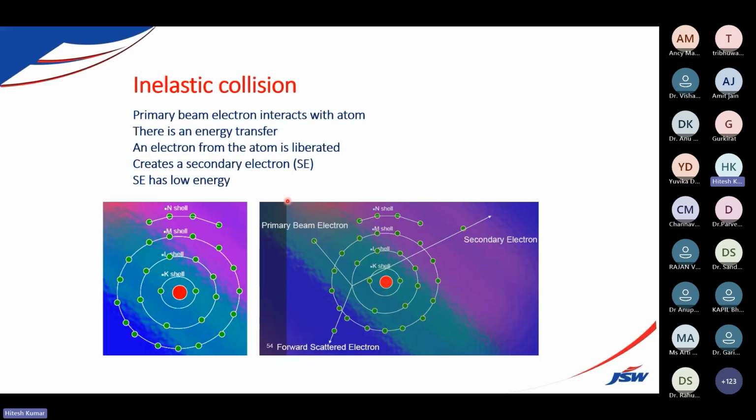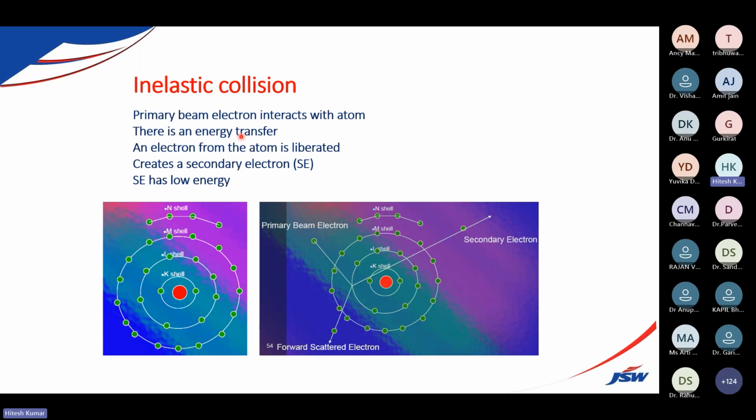Secondary electrons are those which interact with your sample and reflect back. These are the primary electrons bombarded on your sample, which interact and come back. These are inelastic collisions, meaning there is some energy transfer.